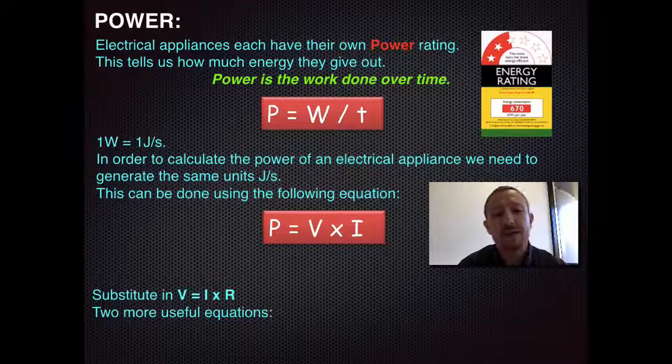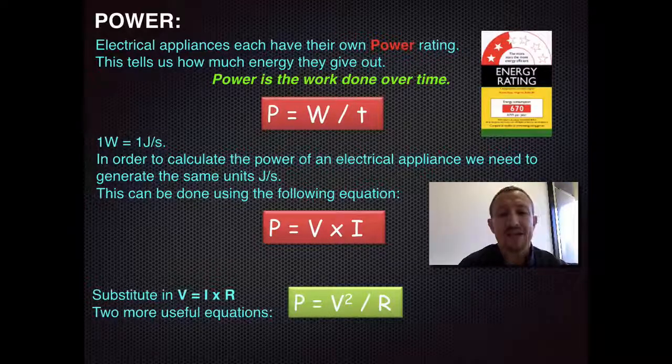So in order to utilize this equation, what we can then do is rearrange the resistance equation, V equals I times R, and we can come up with two extra equations which are quite useful for calculating power.